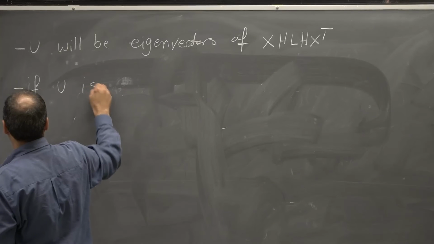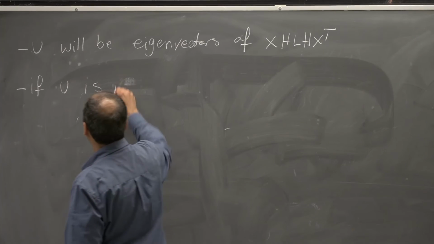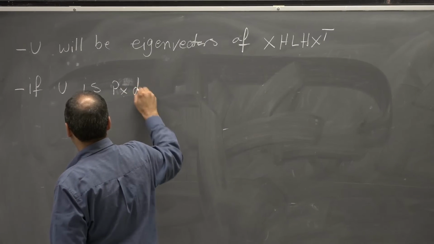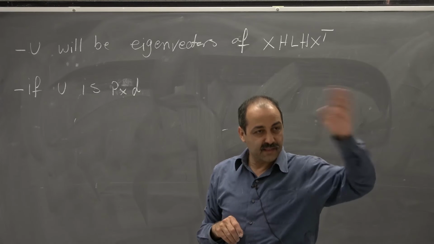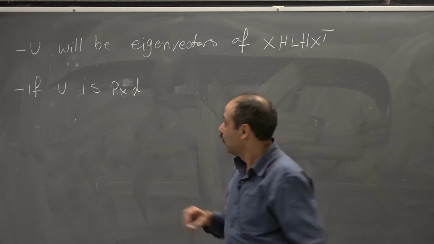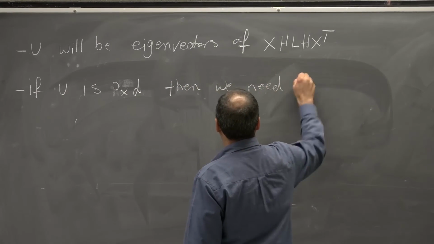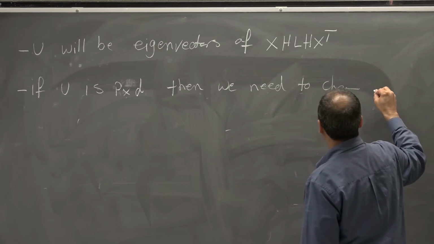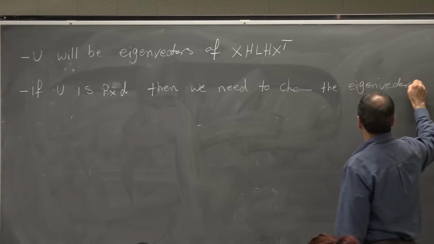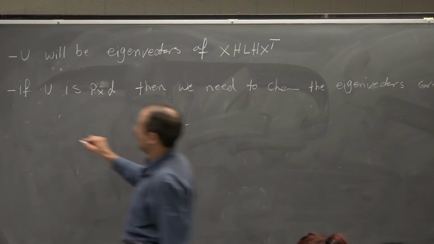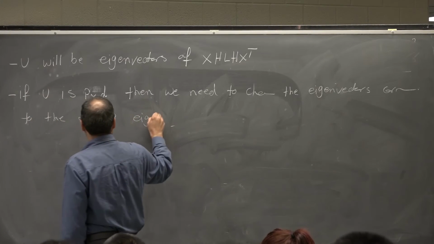If U is, for example, P by D, where D is the dimensionality of your original data and P is the number of principal components or number of bases that you want to map your data to, then we need to choose the eigenvectors corresponding to the top P eigenvalues.